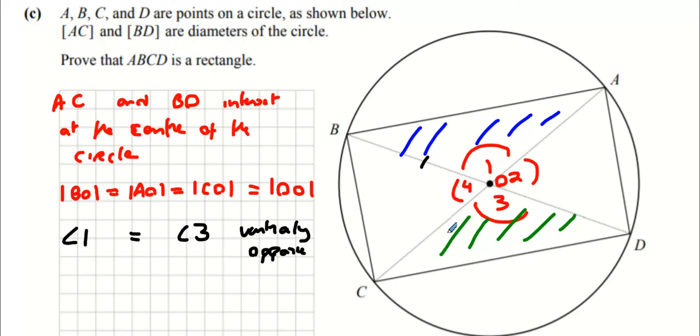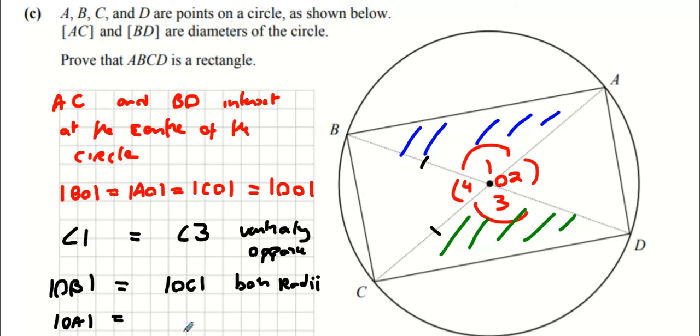Then I'm going to say that OB equals OC, reason being both radii. And then I'm going to say that OA equals OD, once again both radii.